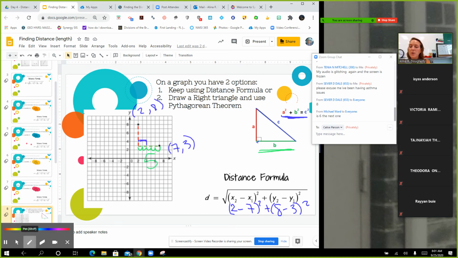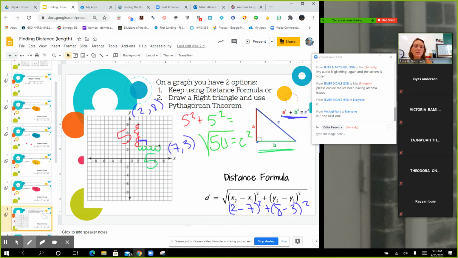And then the up and down part, the vertical part, is 1, 2, 3, 4, 5. So we've got 5 and 5. 5 squared for the vertical piece and 5 squared for the horizontal piece is going to make 50 equals c squared. And then you take your square root, and your distance is just square root of 50.